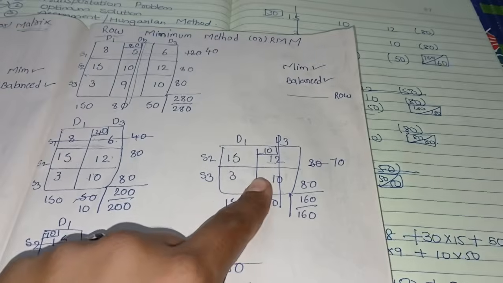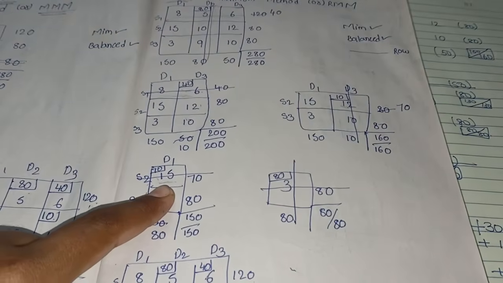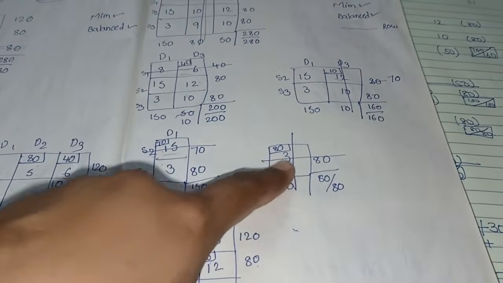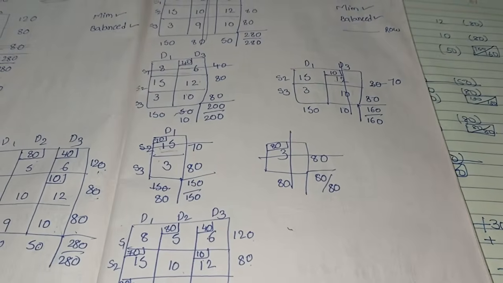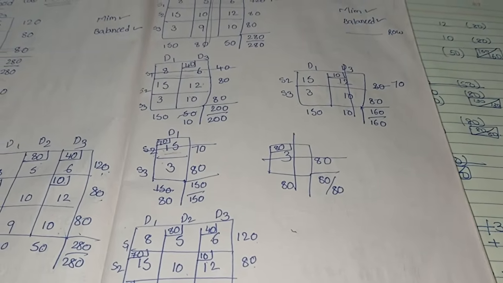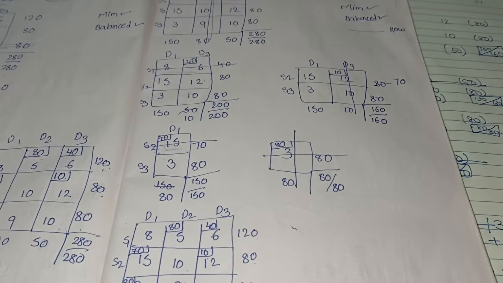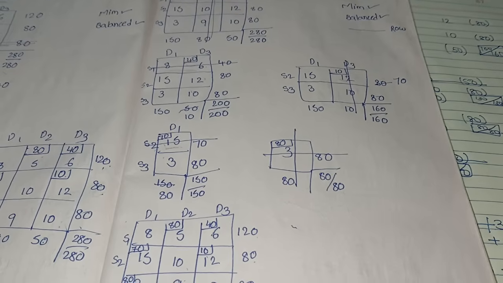Next, 15, 12. What is the least? 12. 15, 3. Like that, in a row, you need to check what is the minimum value. That value should get cancelled and you should take only the minimum value in a row. That is called the RMM method.